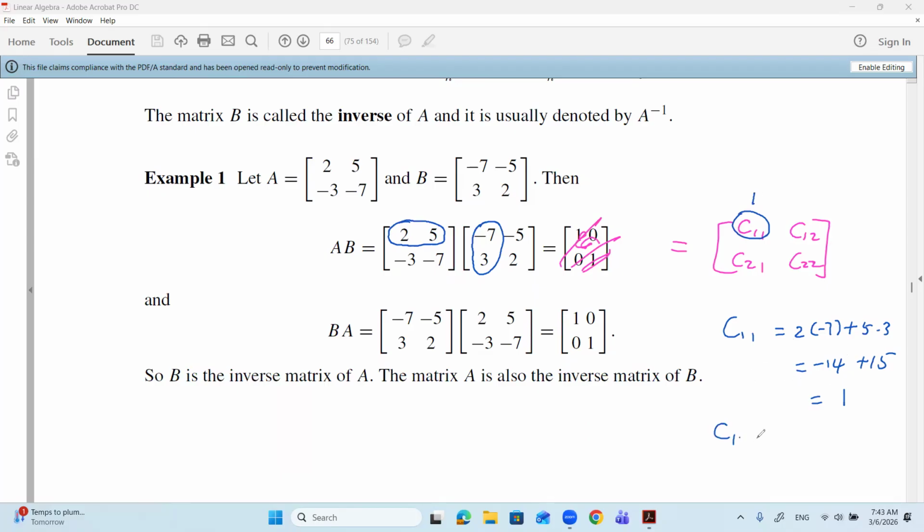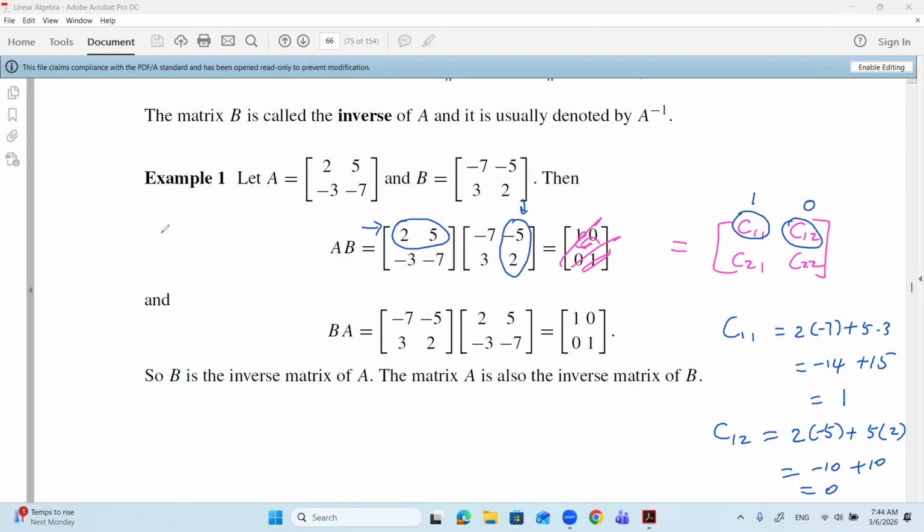Then C12: we multiply the first row of A and the second column of B. That is 2 times -5 plus 5 times 2, and the answer is -10 plus 10, which is 0. So we got 0 here.